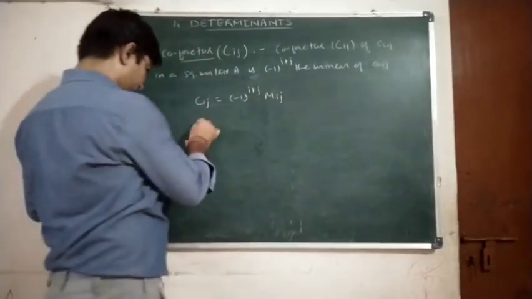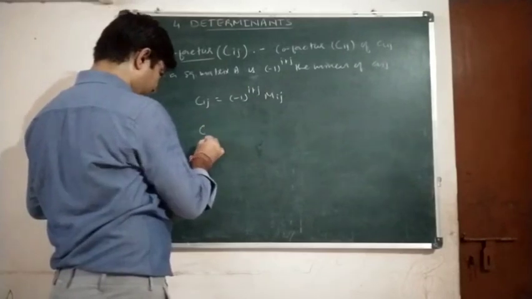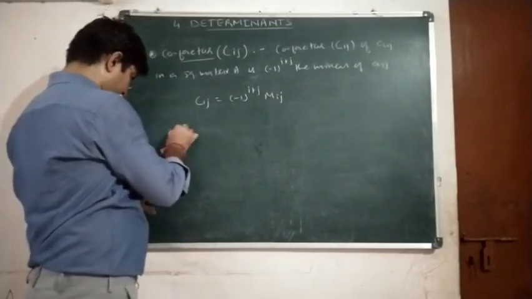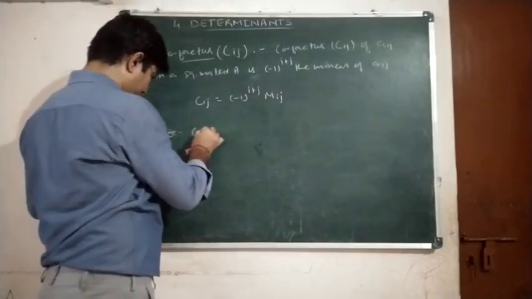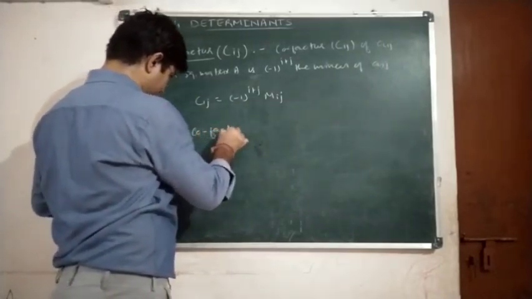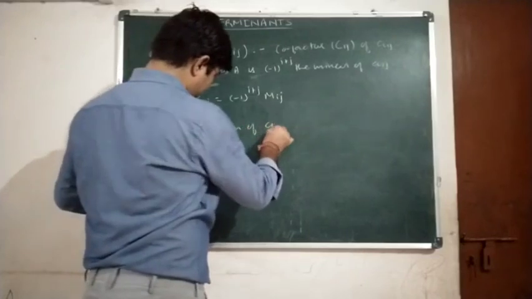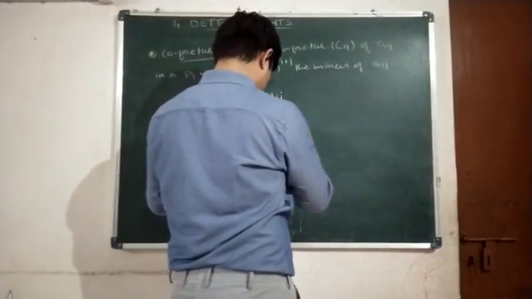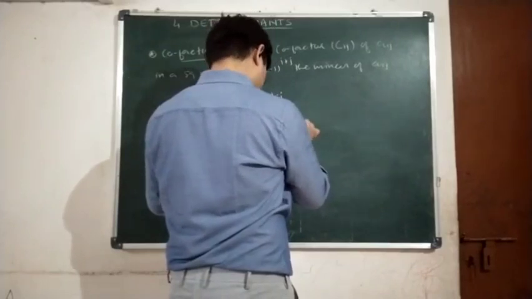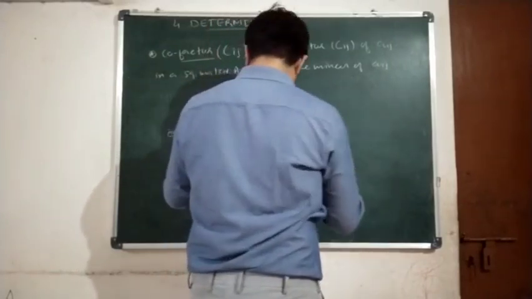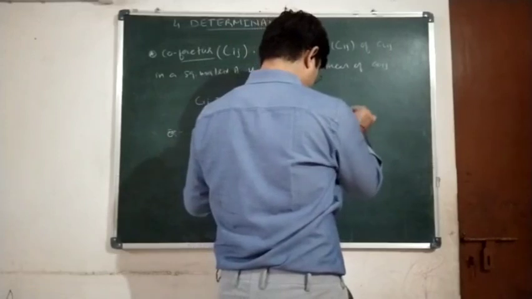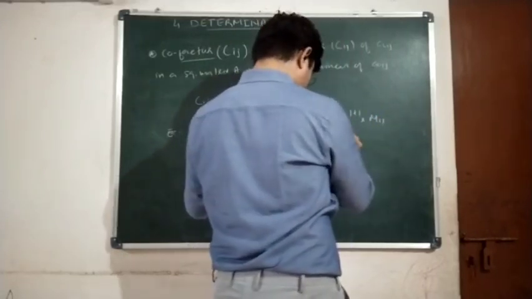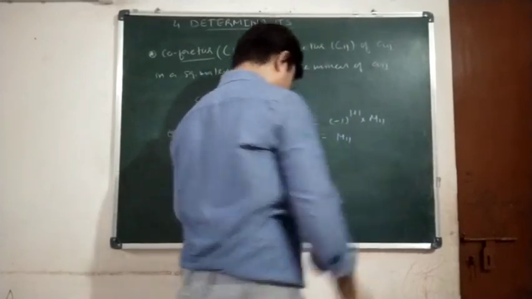For example, for any element, suppose we have A11. The cofactor of element 11 is denoted by C11, which is minus 1 raised to 1 plus 1 into M11, which is equal to M11 only.